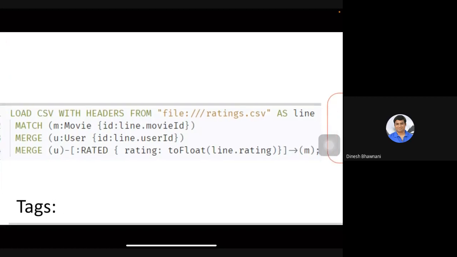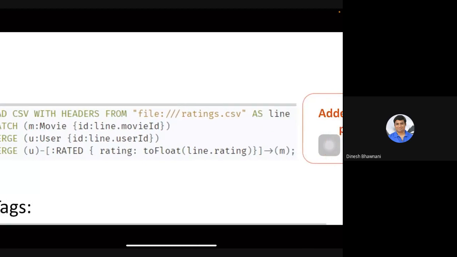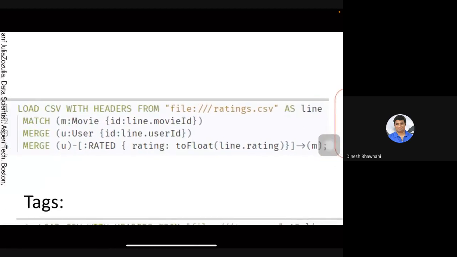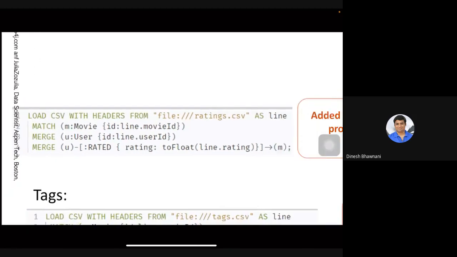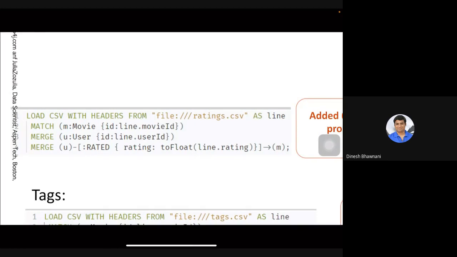Load CSV. You do not need to do this LOAD CSV every time. The first time, when you are getting the data inside, you have to use it. Then you have to do match. You are creating movie ID and merging it. You have already created the movie ID, so each time, if you keep merging, it doesn't make sense. So you must call that already created M, the movie.